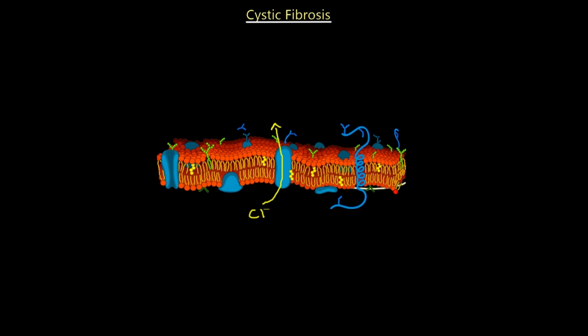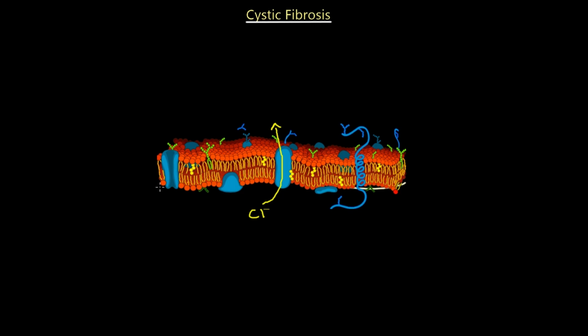And with this flawed function of this pump, it results in water being retained within the cells, and especially in the lungs. So a lot of these plasma membranes exist in the lungs, and specifically this protein exists in the lungs.